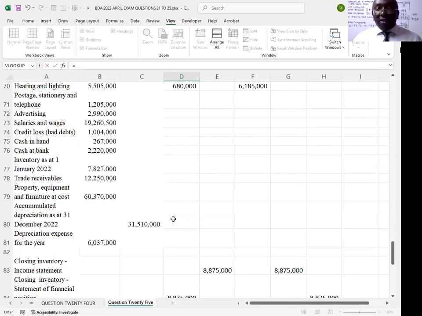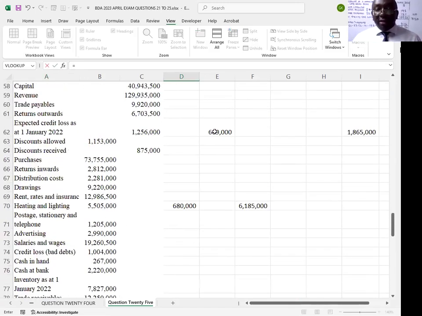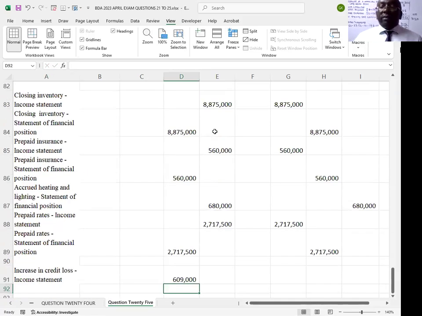Equals this 609, I bring it there. I take it there. And then I come and put it here. I debit it in the income statement.